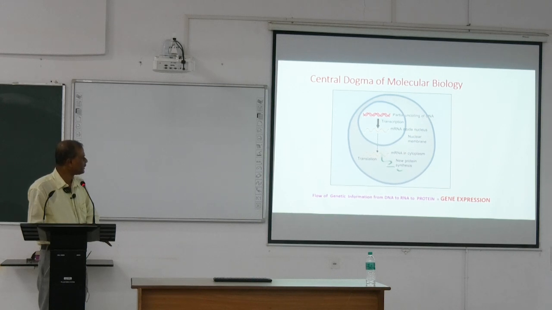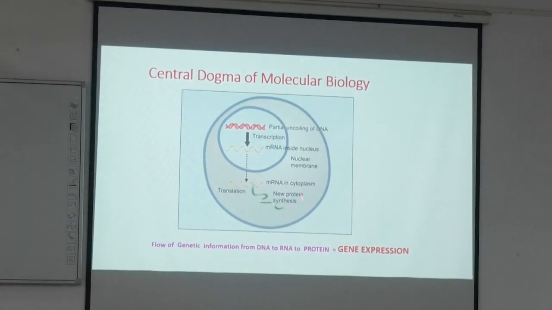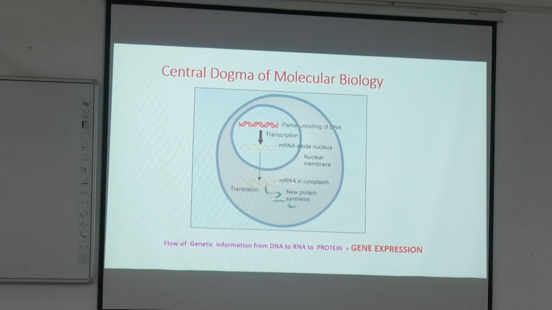That you must know, and what has been covered here, that this mRNA formation, that is transcription. This is the structure which will really decide how the protein will be translated.